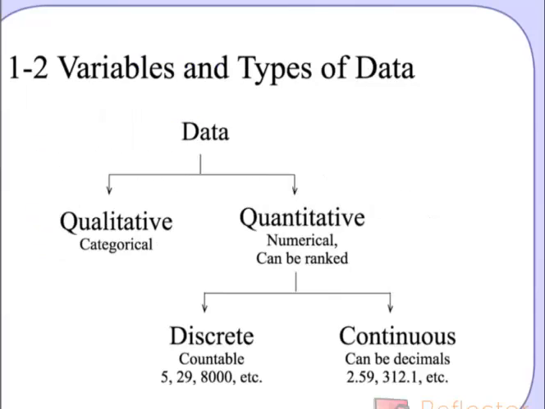When we look at these, there are types of variables. The first is our qualitative variables. These are also categorical.